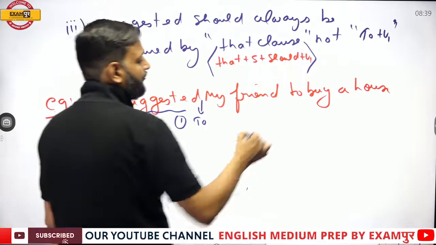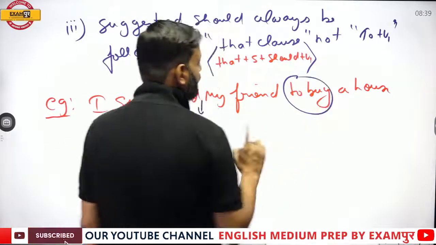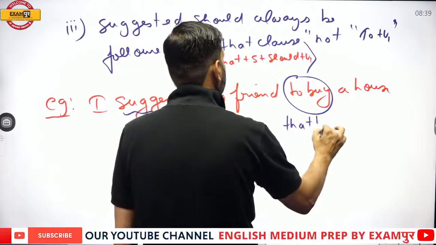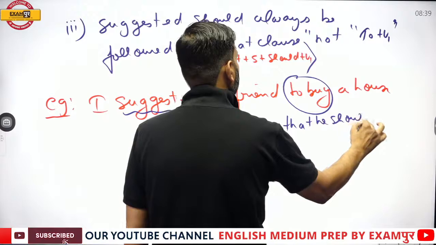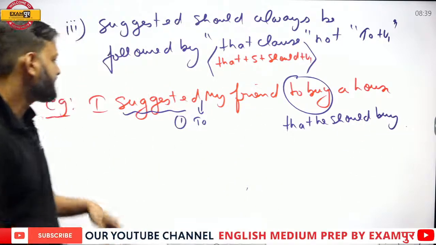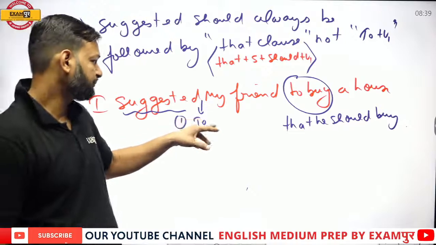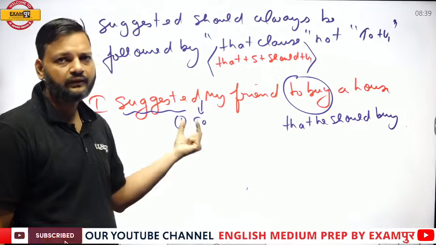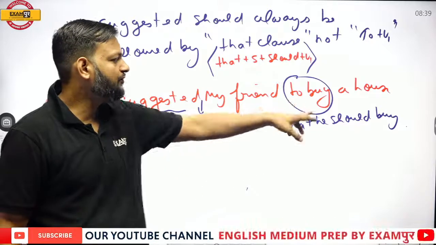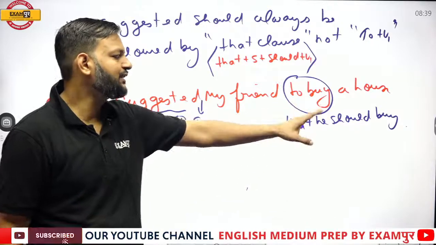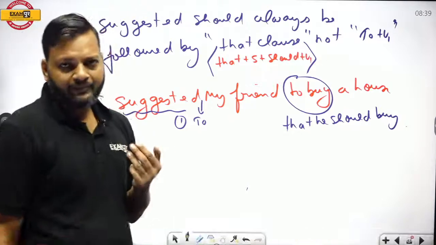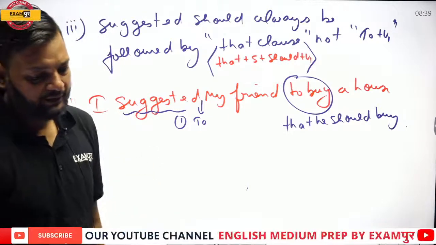And second error, we cannot use to plus v1, we have to use a that clause. So in place of to buy, we need that he should buy. Both kinds of questions can be asked after suggested. If to is missing, you have to put a to after suggested, and to plus v1 is not allowed. In place of to plus v1, we need a that clause. A that clause includes subject plus should plus v1 plus object.